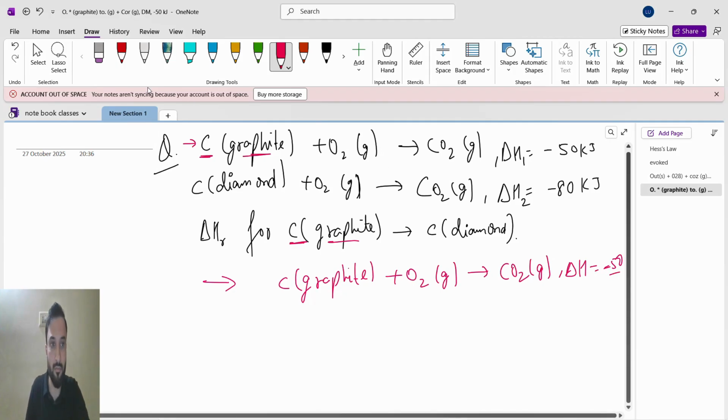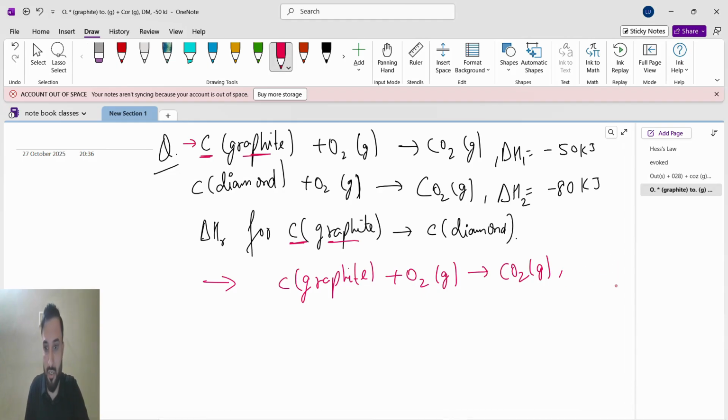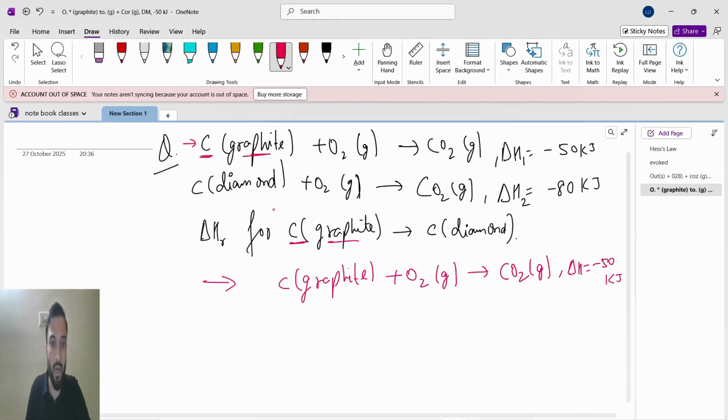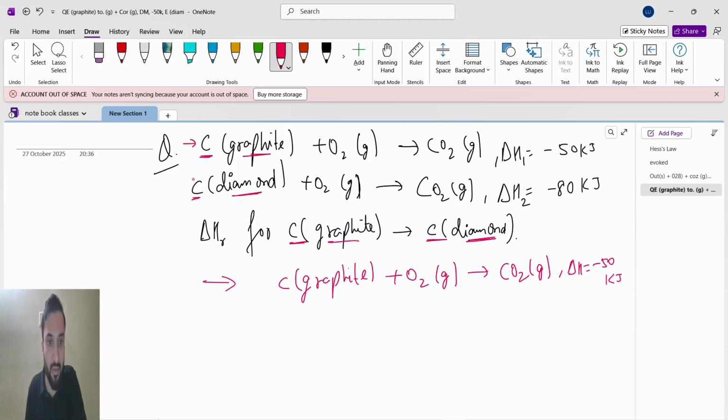Okay, let's write this nicely. Delta H will remain same, minus 50 kilojoule. Okay, now we have to see the carbon in the diamond form, it is present in the product side. But you will see here the carbon in the diamond form is present in the reactant side.